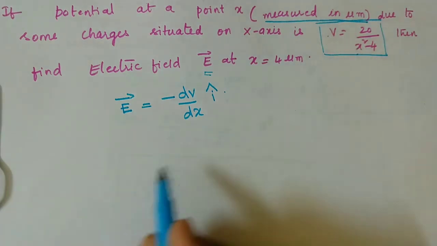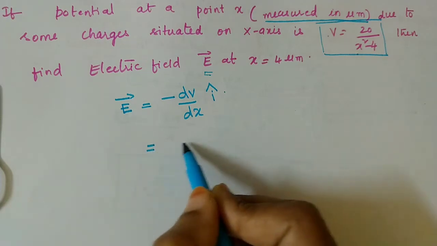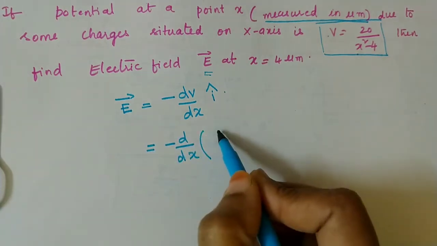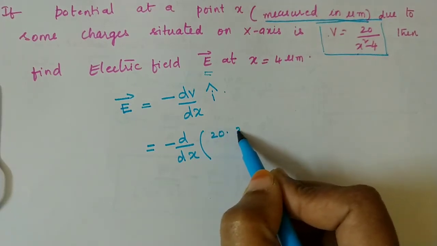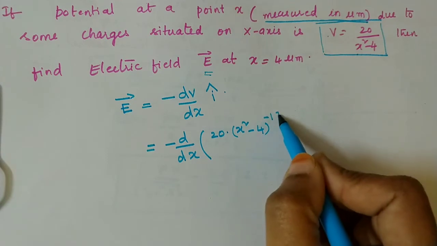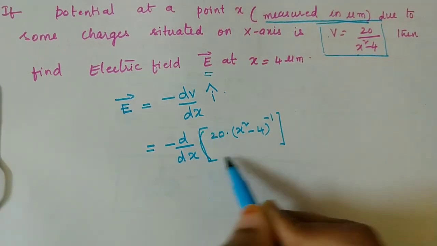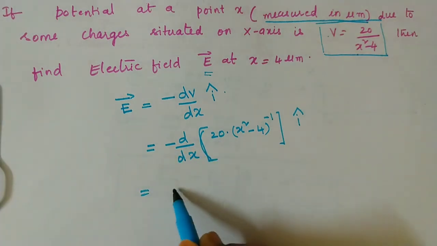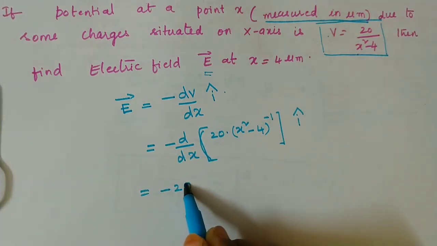Now when I differentiate this relation, minus d by dx of 20 into x square minus 4, whole to the power minus 1, into i cap. 20 is anyway a constant, minus also remains outside, minus 20.